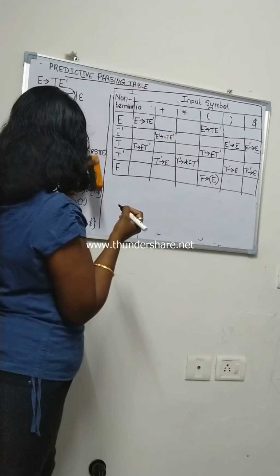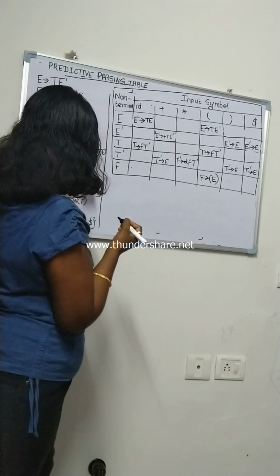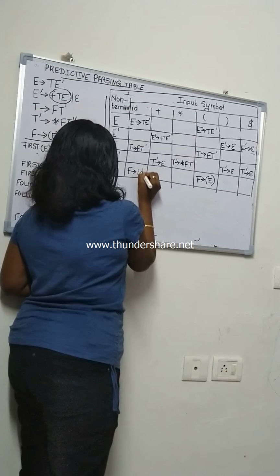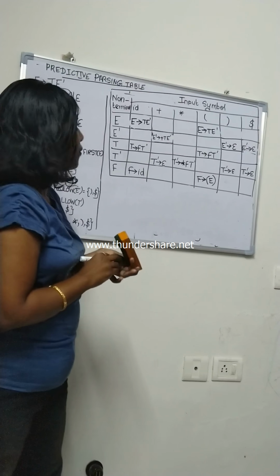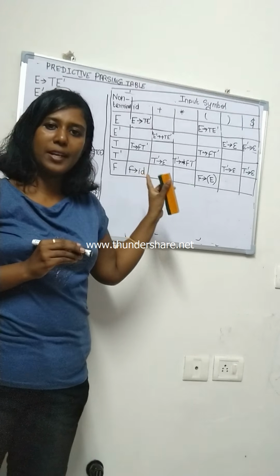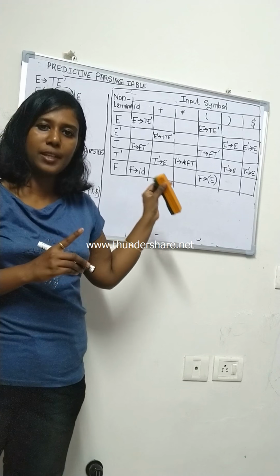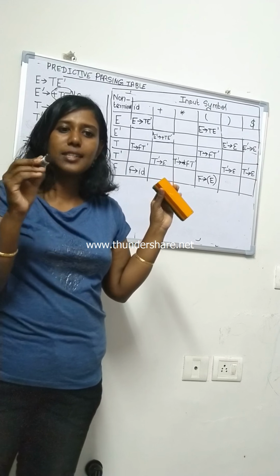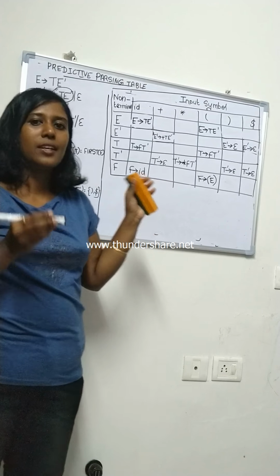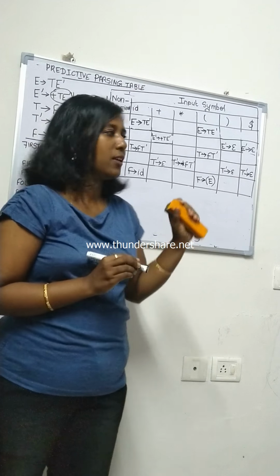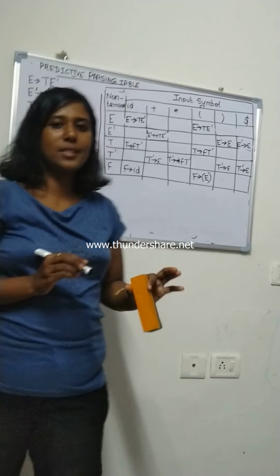And I have one more production, that is ID, so in this case I am going to fill it here. Whenever we are filling this table, first we have to find the first function and fill the table, and if there is null value, then find follow of that particular non-terminal. So this is the predictive parsing table.